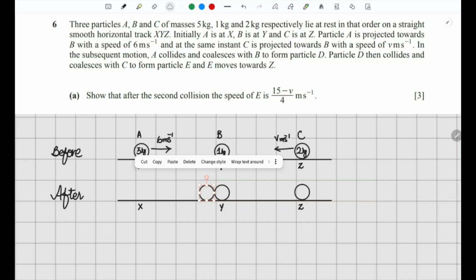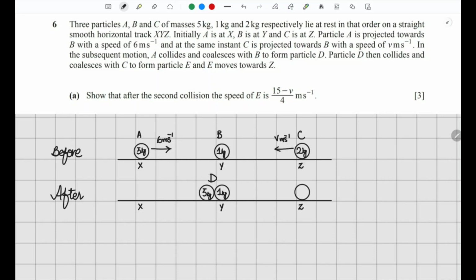Okay, let's keep that written. The masses 5 kg and 1 kg. Now this becomes a particle D, because now they coalesce and they become one.